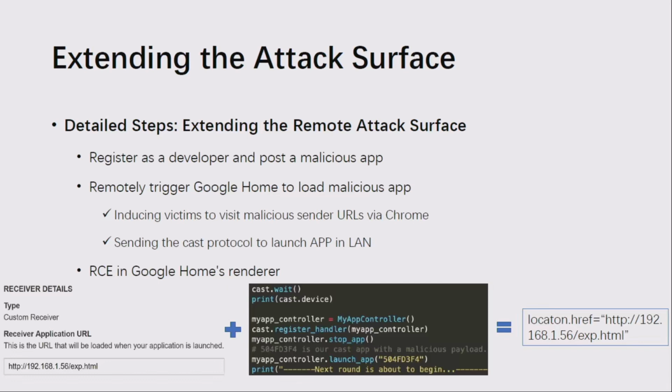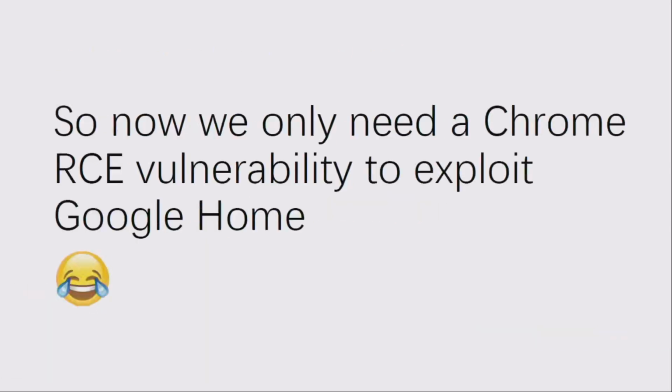The attacker modifies the CAST receiver URL web page to a malicious page. Google Home may assist in rendering after visiting the page. So now we only need a Chrome renderer vulnerability to exploit Google Home.